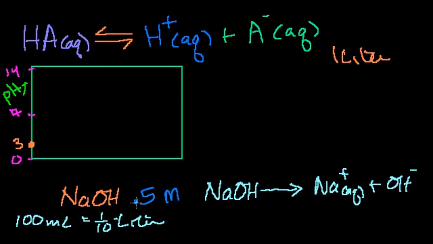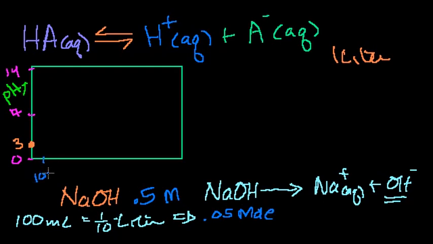So it says, I'm going to have half a mole of hydroxide ions for every liter. So in 1/10 of a liter, I'm going to have half of that, so 1/20th, or 0.05 moles. So let's say this point right here is 100 milliliters.